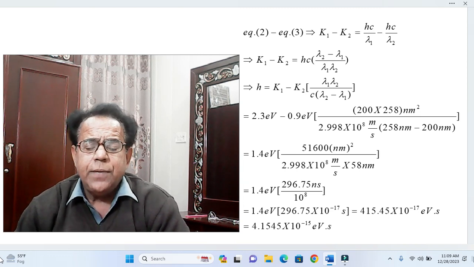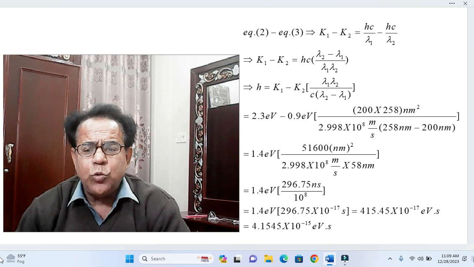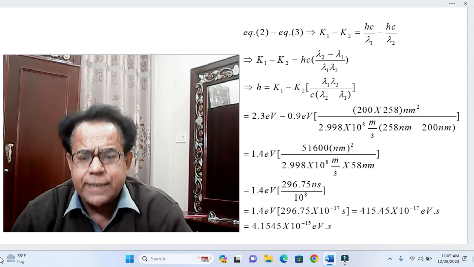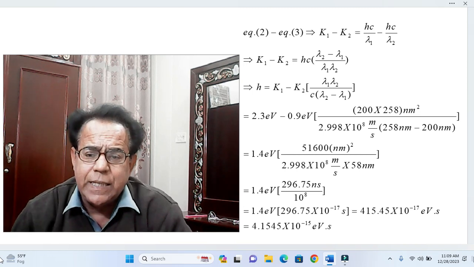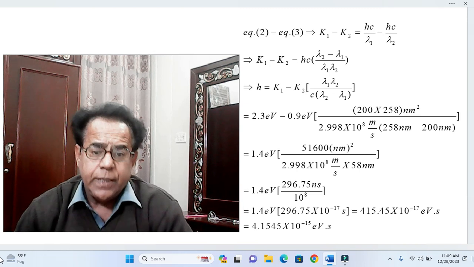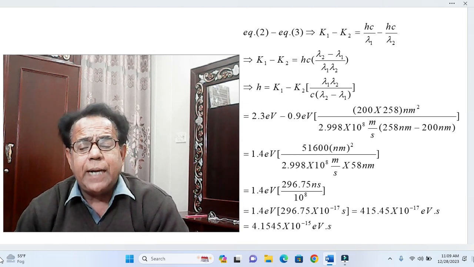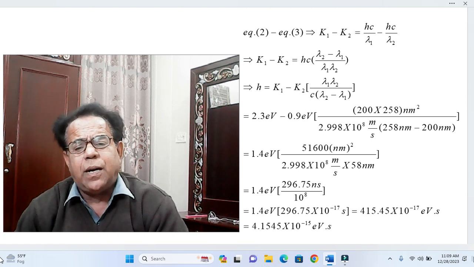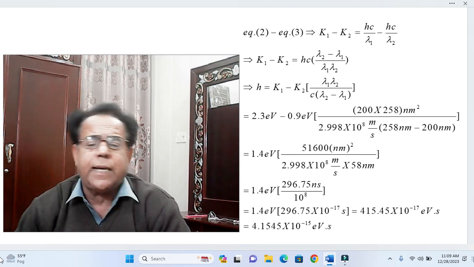Here we have k1 minus k2 equal to hc taken as common, and then the LCM of these two becomes lambda 1 lambda 2, and in the numerator lambda 2 minus lambda 1. From here we can keep h, Planck's constant, on one side and shift all other values to the other side of the equality.